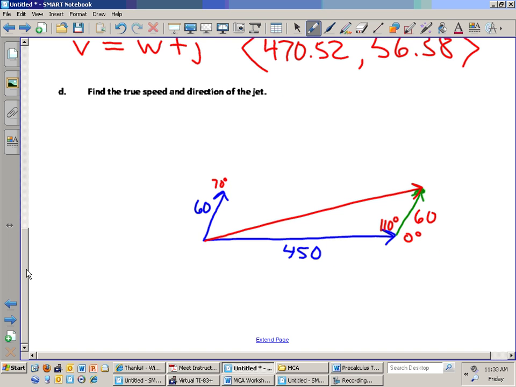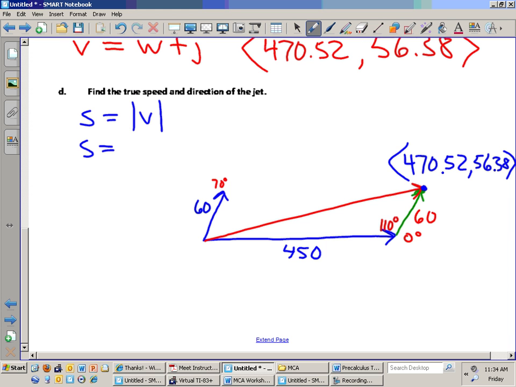So in order to finish off this problem, it says find the true speed. Well, in order to find the true speed, I'm going to look at this component form vector. Okay? Speed is identified as the absolute value of velocity. The absolute value of velocity. And so I know how to find the absolute value of v here, or the magnitude of this vector. How do I find that?